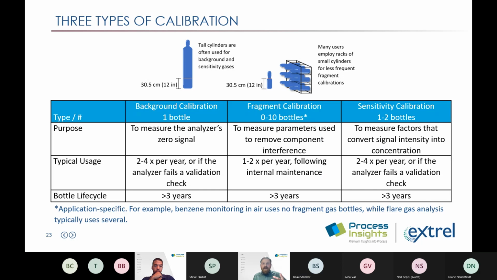While the mass spec uses more calibration gases than a GC would in the application, one of the nice things is the mass spec itself consumes very little of the calibration gas.